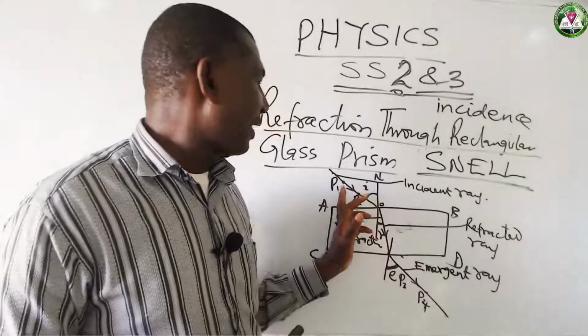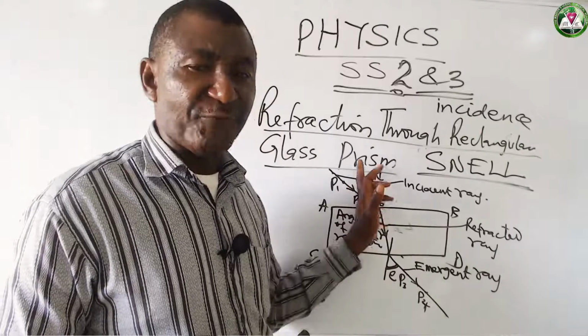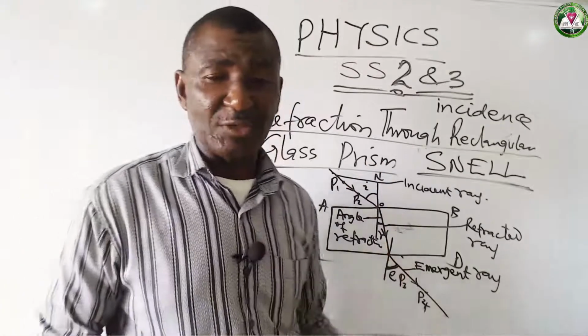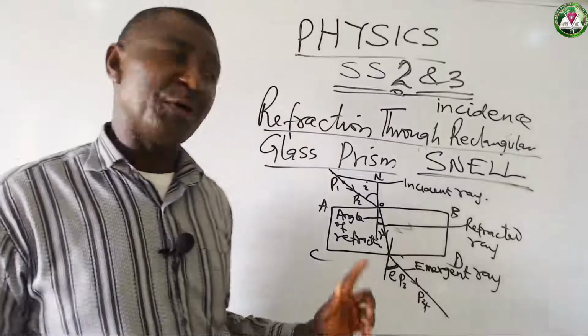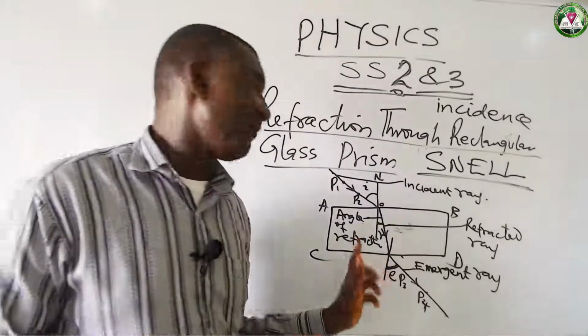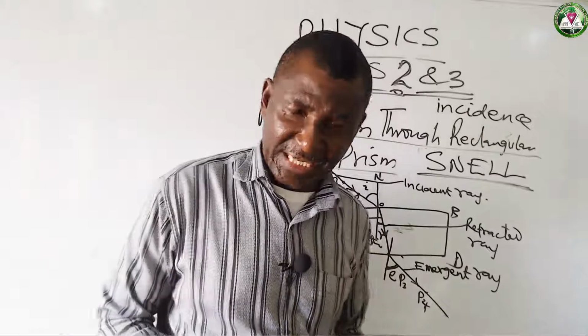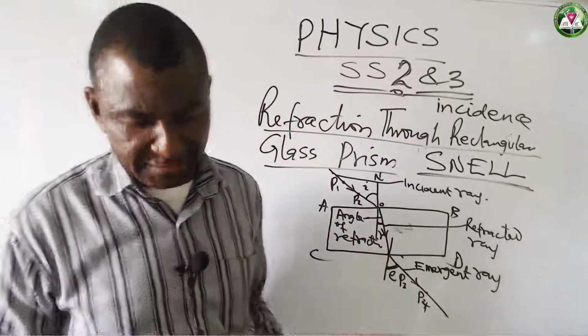He came up with a tangible point and said that when you plot the graph of the angle of incidence against the angle of refraction, you must have a constant of proportionality, which is now referred to as the refractive index of this particular glass.